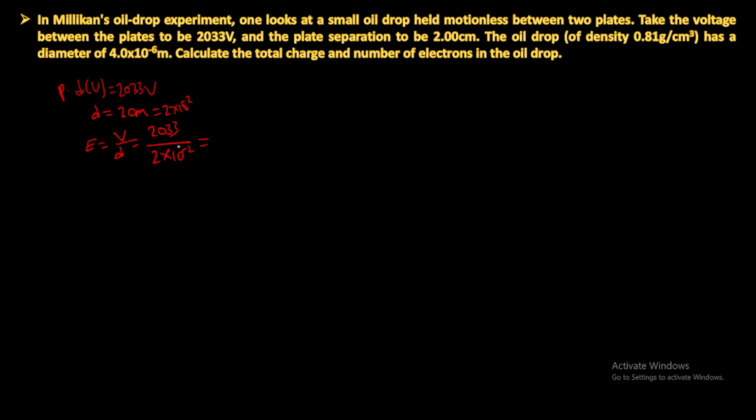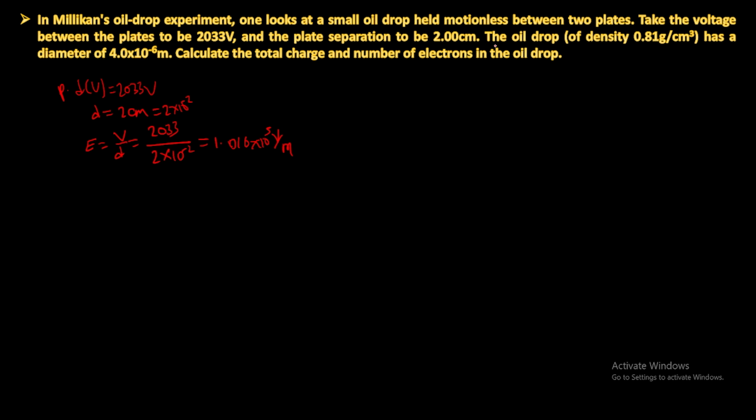By solving this numerical value we will get 1.016 into 10 to the power 5 volt per meter. This is the uniform electric field set up between the two parallel plates.